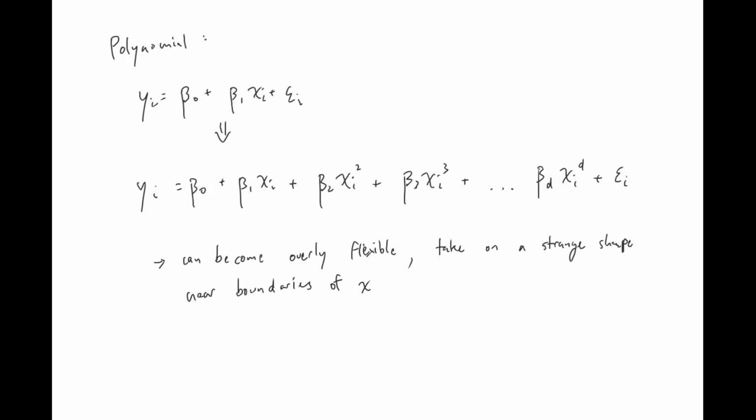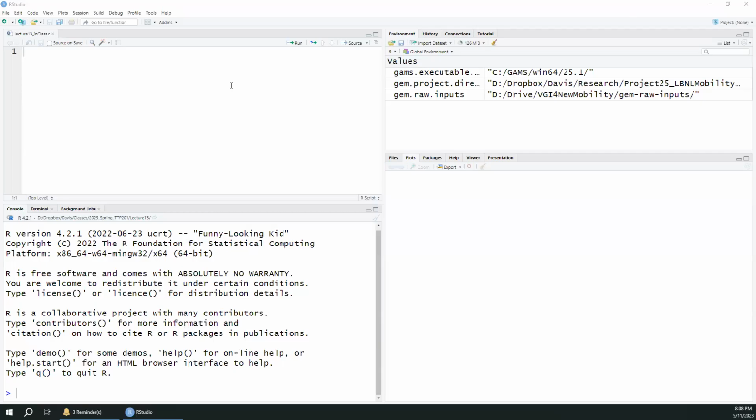Okay, and so let's go ahead and go to our code and see if we can implement some examples of a polynomial. I will jump on over into RStudio. We're going to do something similar to the start of our class, where we define a true function, but this is going to be slightly different.